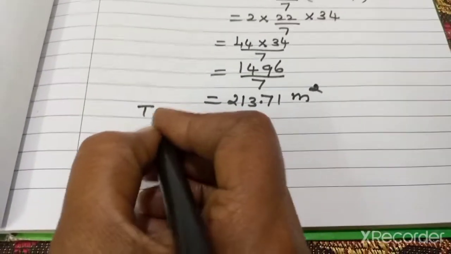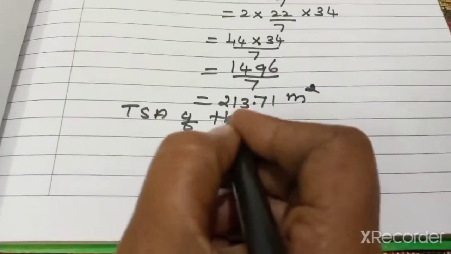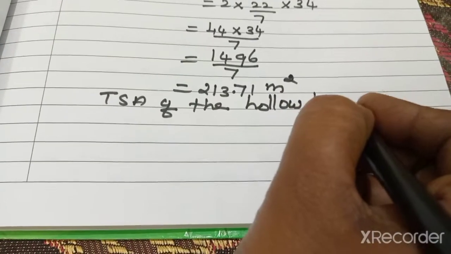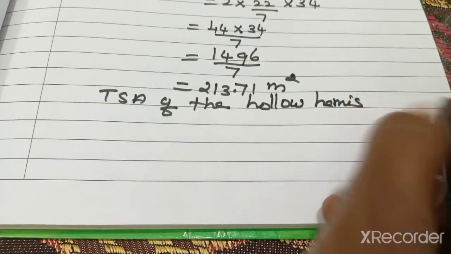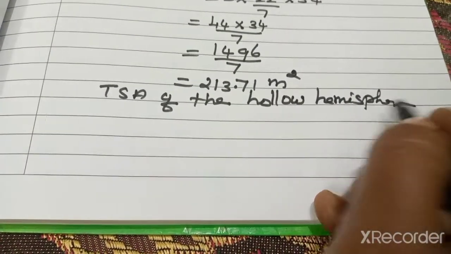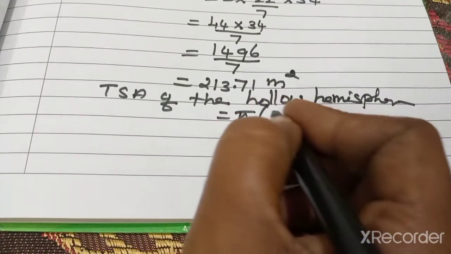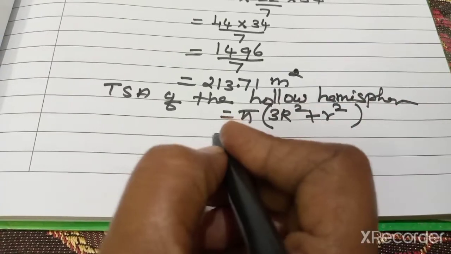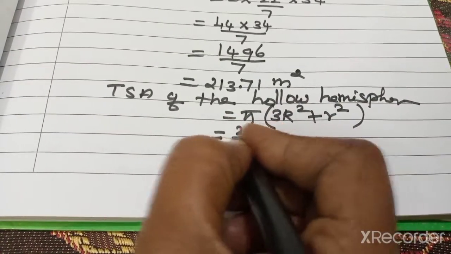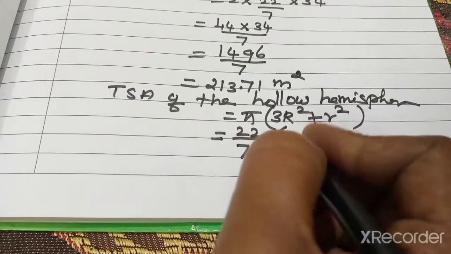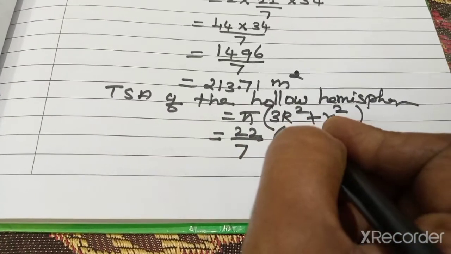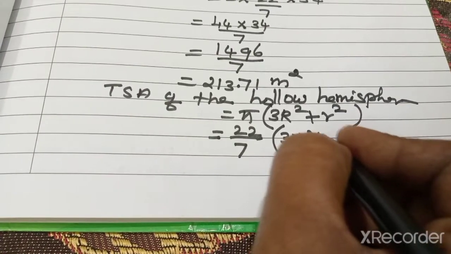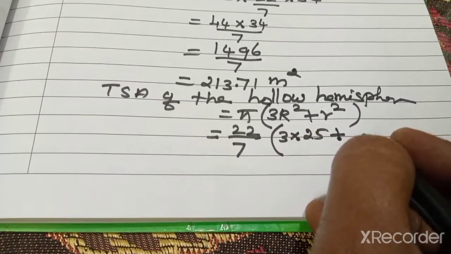Next we have to find the TSA. What is the formula? TSA of the hollow hemisphere. Hollow means inner and outer will be there, so small r and capital R will come. The TSA of the hemisphere is equal to pi into 3 capital R square plus small r square, which is equal to, using pi value 22 by 7, into 3 into 25, since capital R is 5 so R square is 25, plus small r is 3 so r square is 9.